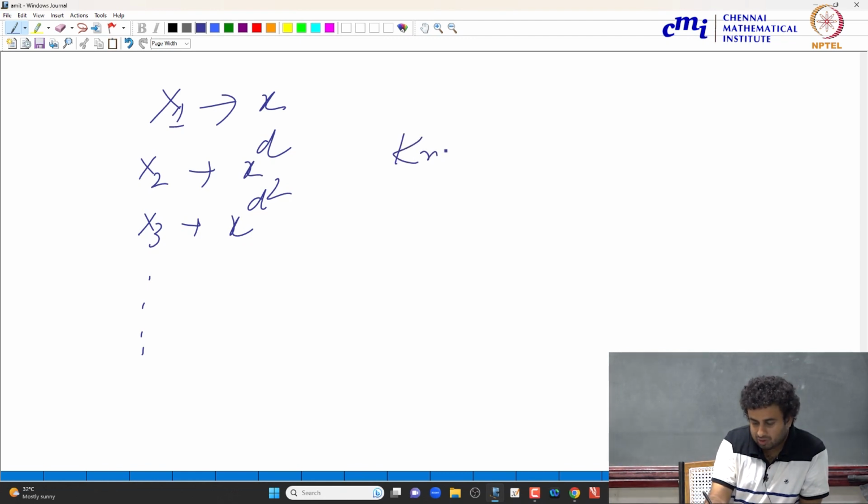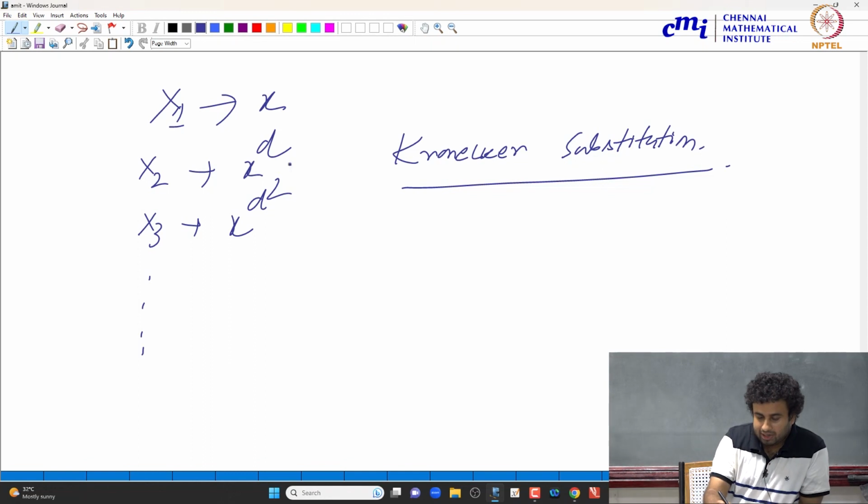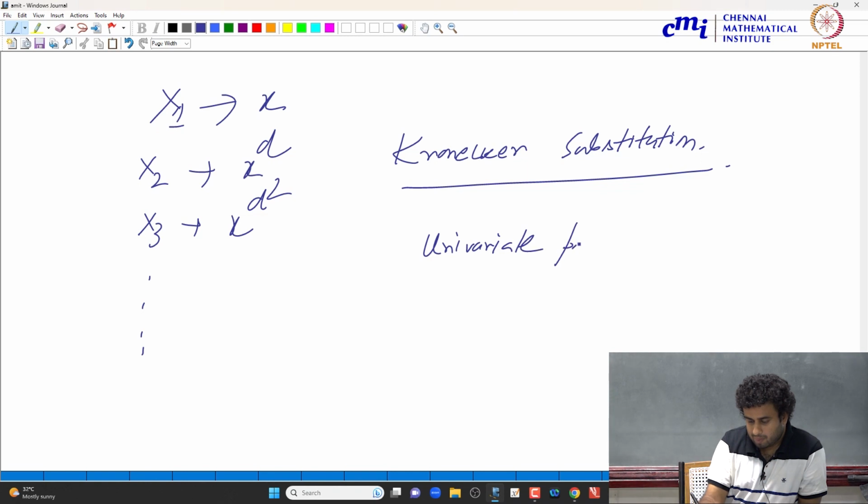This idea is known as Kronecker substitution. Kronecker came up with this map for a problem. But the price that you are paying is that you can reduce to univariate, but this univariate polynomial's degree will be exponentially large. So a univariate polynomial of exponential degree.